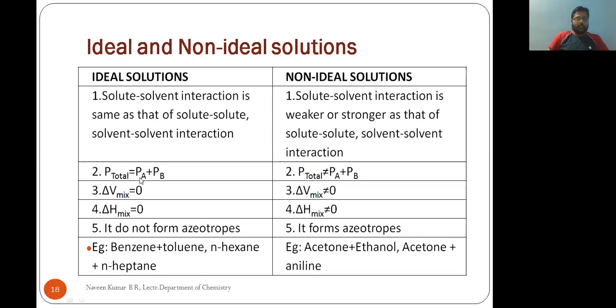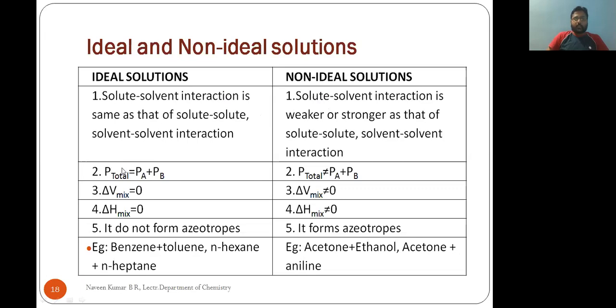Now, P total is equal to PA plus PB. What is this P total? It is the total pressure obtained after mixing the two. PA is the vapor pressure of component A and PB the vapor pressure of component B. With A as solvent and B as solute, you can call it the vapor pressure of solvent plus the vapor pressure of solute.